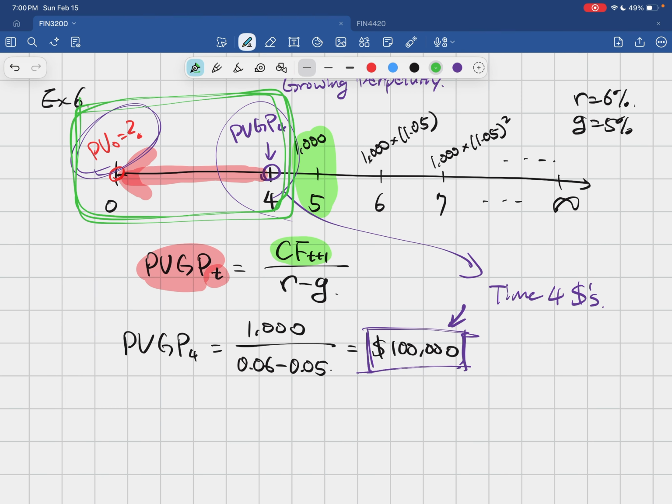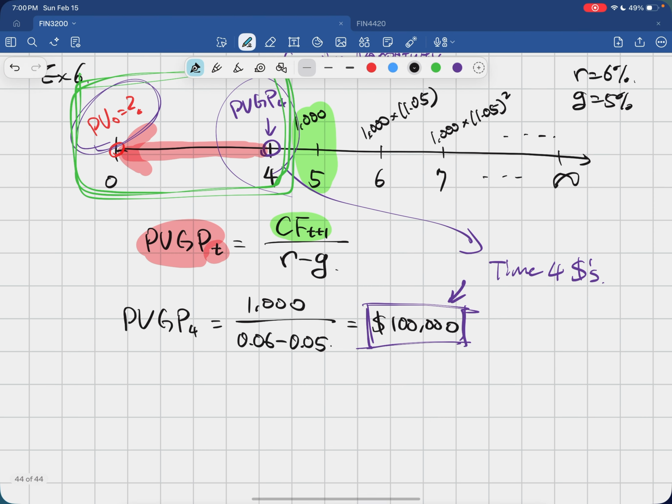Okay. So the second step is we want to convert this $100,000 back into time 0 dollars, and we're going to use the PV formula to do that, which is just PV equals future value divided by 1 plus R to the nth power.